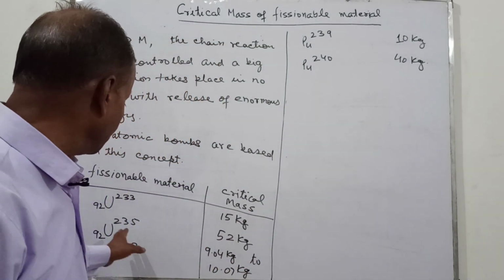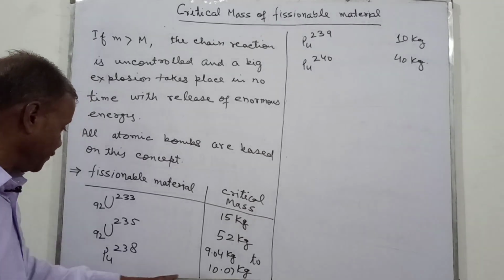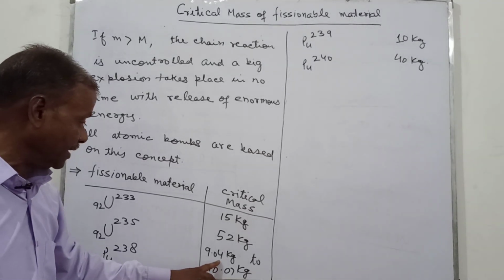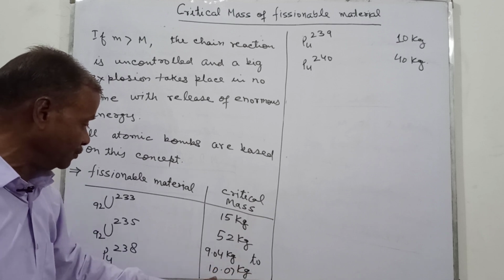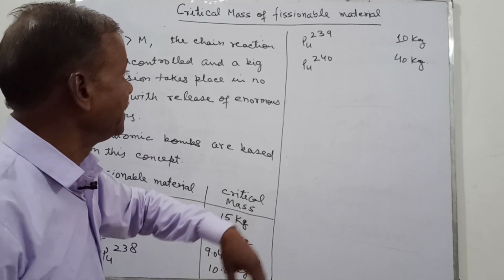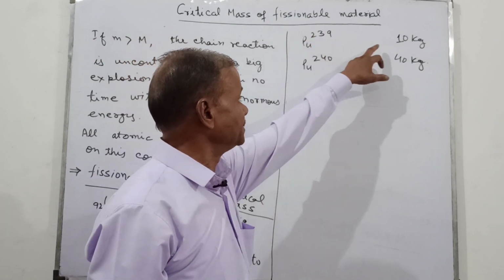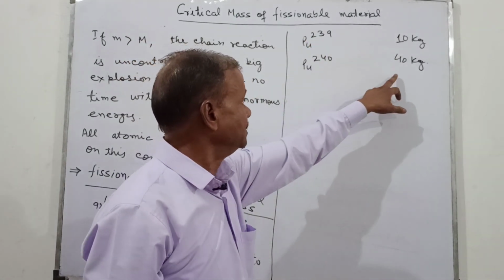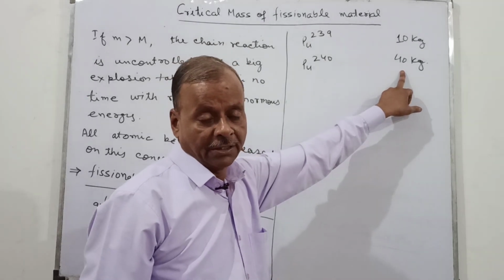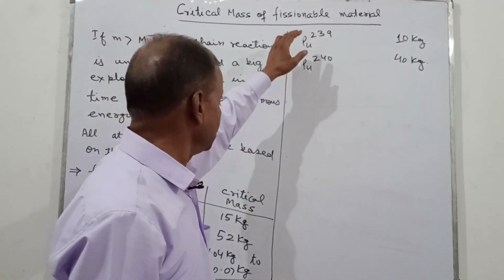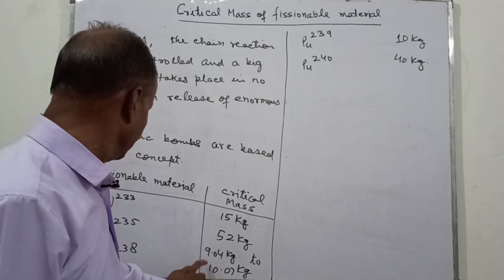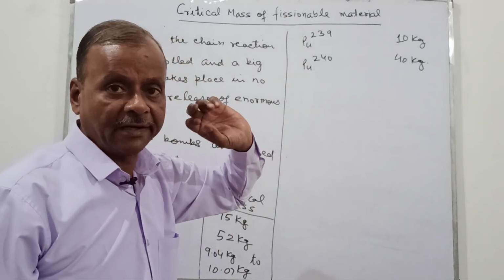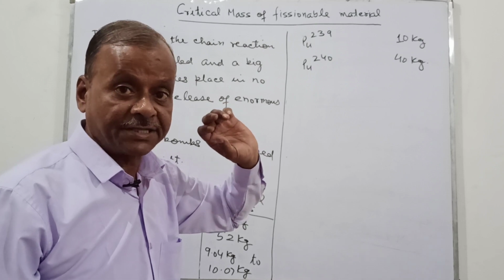You are looking that the minimum mass is for plutonium-238, 9.04 kg to 10.07 kg, and plutonium-239, 10 kg, and plutonium-240 has 40 kg. It means that plutonium-238 and plutonium-239 need the least amount, so a little mass can cause a large destruction.